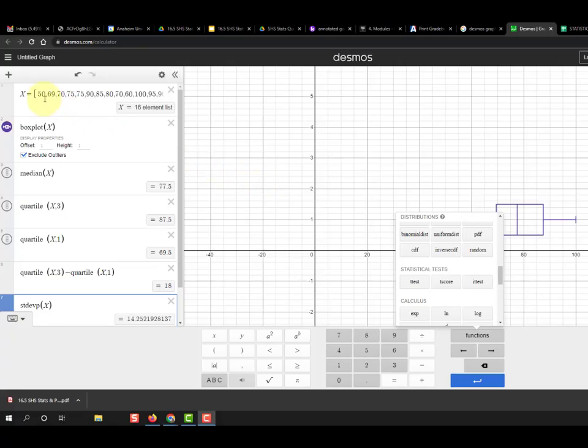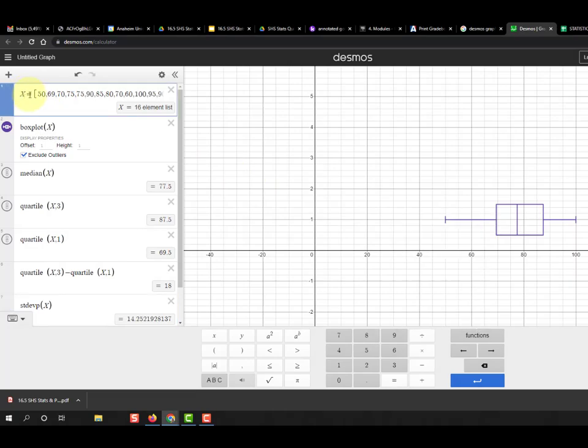Let's go over question number 6. I'm using Desmos. You're going to type a capital X equals brackets, and then you're going to put in your numbers there separated by commas, no spaces. You know you've done it correctly because you have 16 numbers. And then you type in the word box plot, parentheses, capital X, and then if you click on this magnifying glass, it's going to give you the box plot itself.